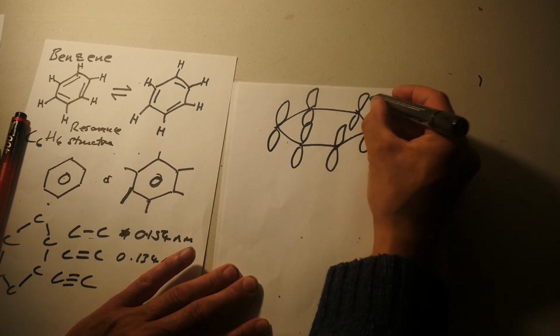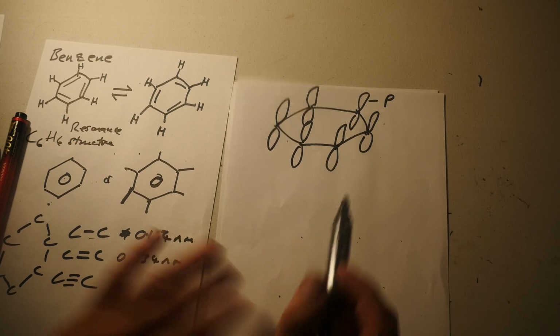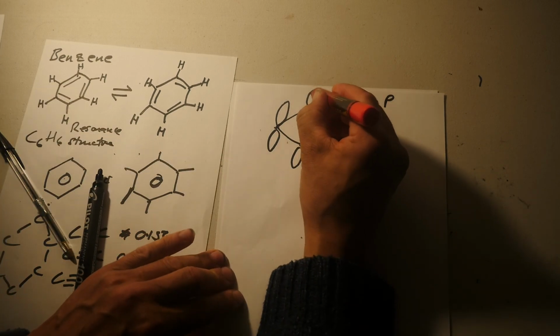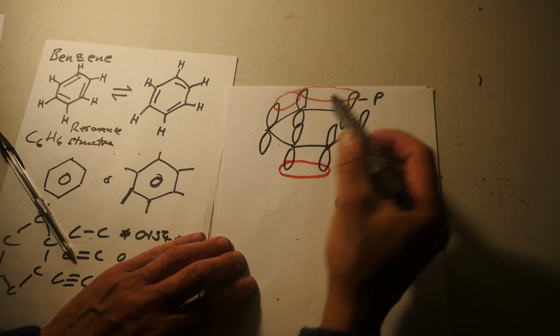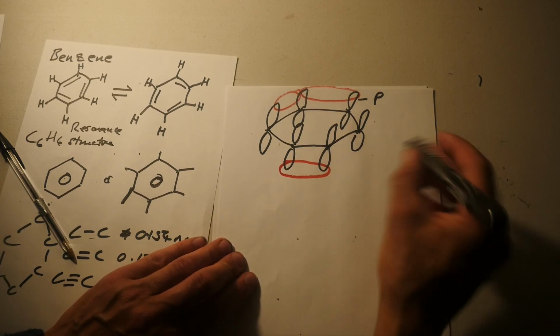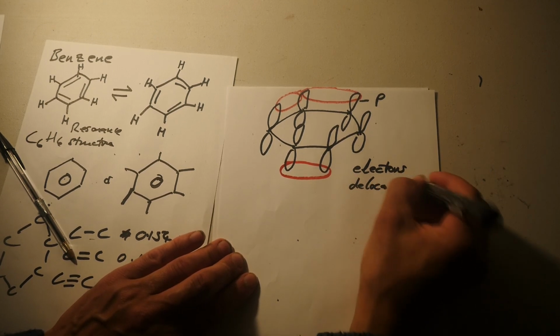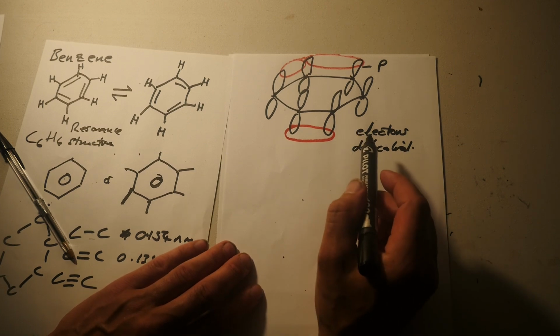So these are p orbitals, and basically the p orbitals get overlapped. I mentioned that because of this the electrons become delocalized. In national chemistry you learn that in metal structures electrons are delocalized.